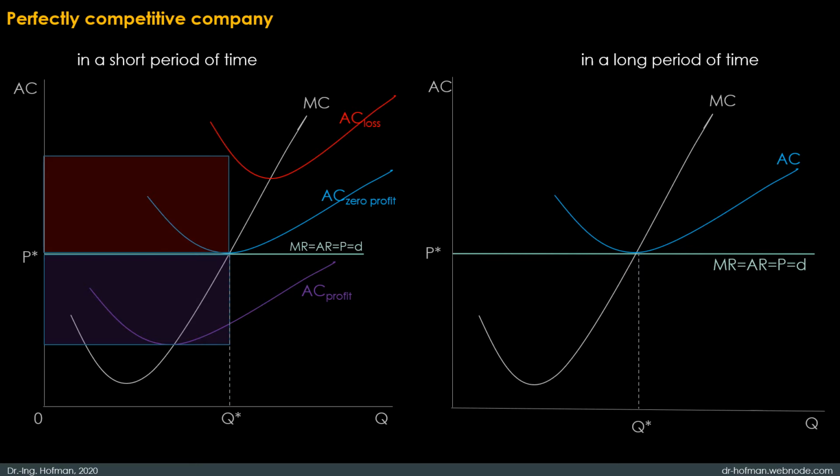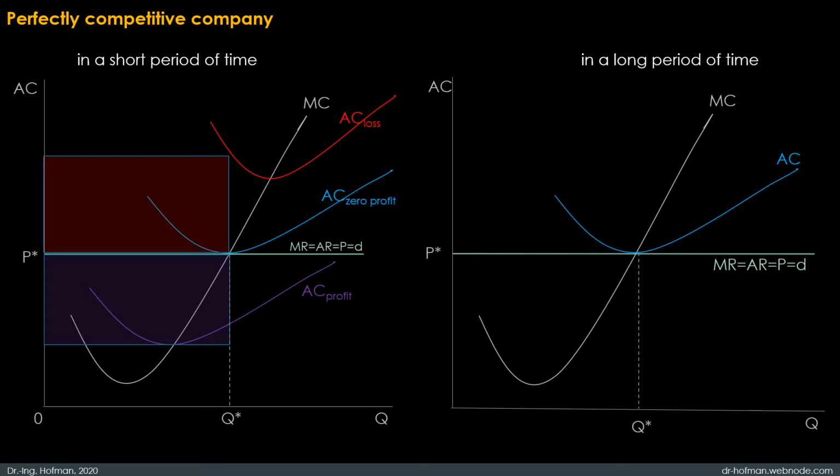In the last situation, where AC, average cost, meets the marginal revenues, average revenues, price, and also demand given by this green line, then there is no profit and there is no loss. We can call this situation zero profit. There is no area shaded because it's just the line.